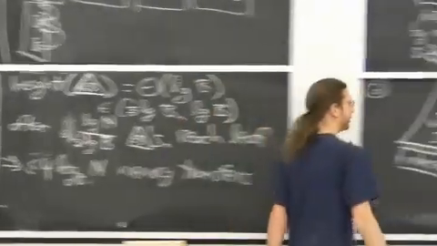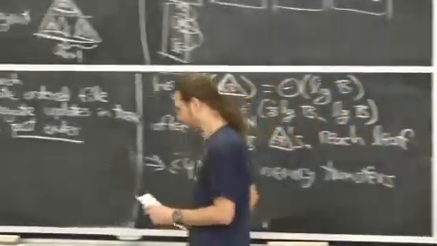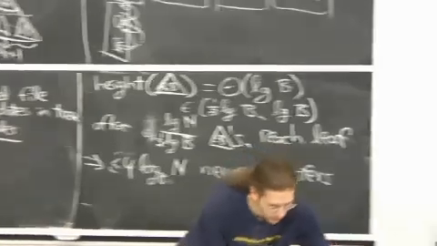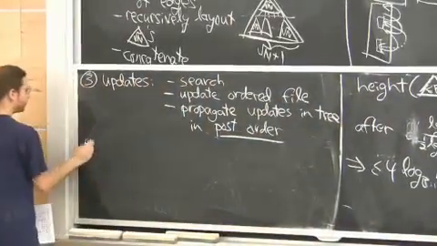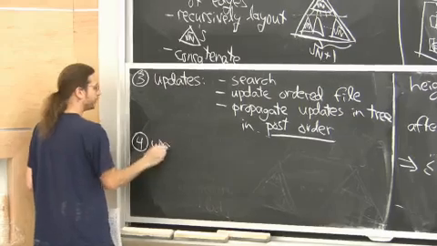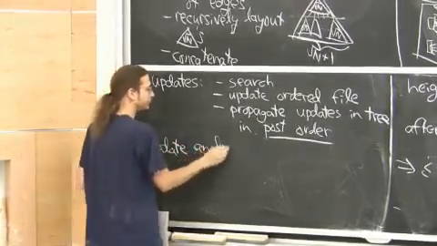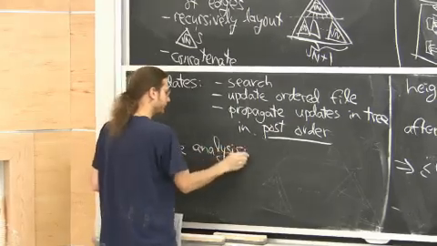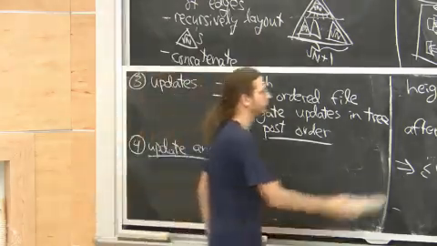Now the interesting part is the analysis. So searches we've already analyzed. We don't need to do anything there. That's log base b of n. But updates are the interesting thing to analyze.